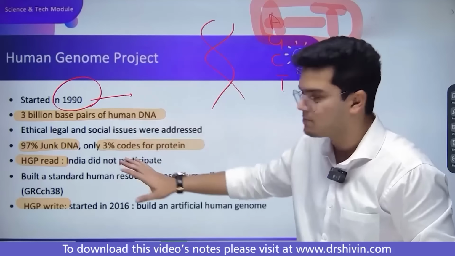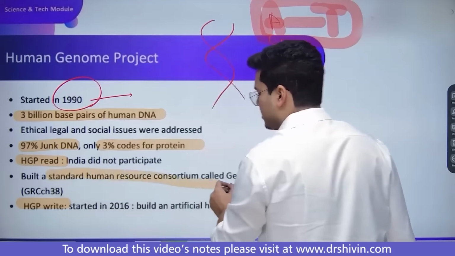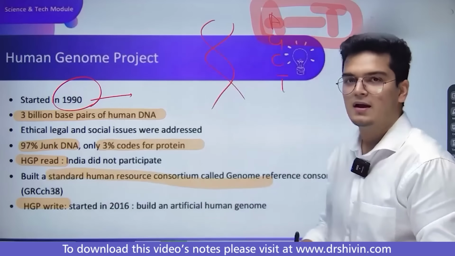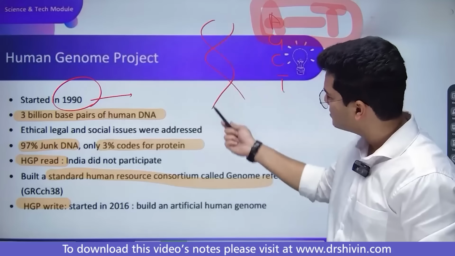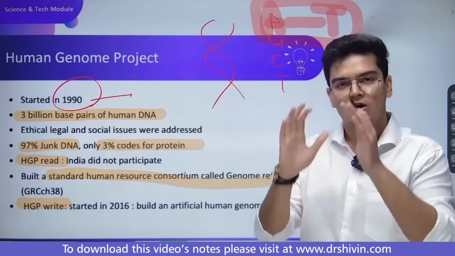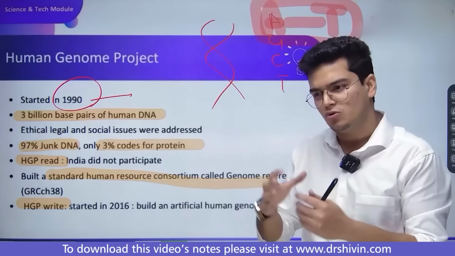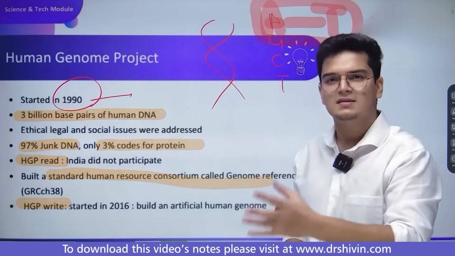Here India did not participate. The idea was to build a standard human reference consortium genome. That means let us build a standard human genome. Let's see what the sequence of the genome of a standard human is. Then we can use it. Then we can identify the genes. Then we can see how viruses act on it.